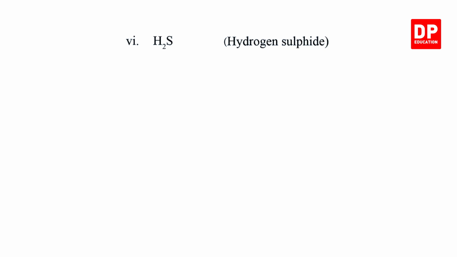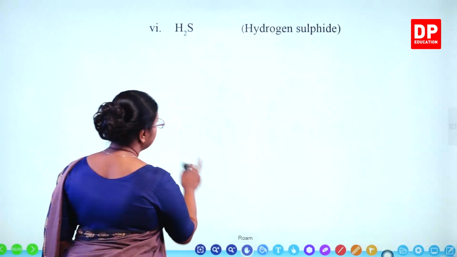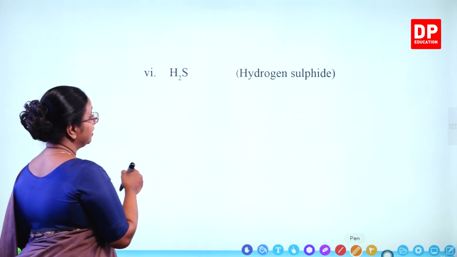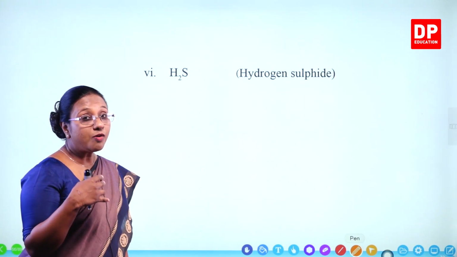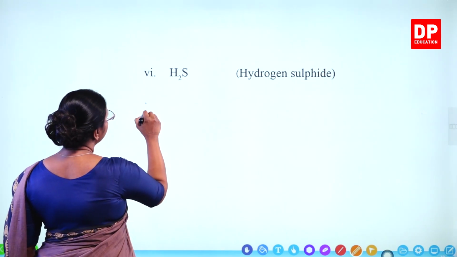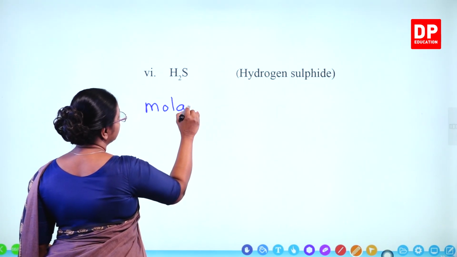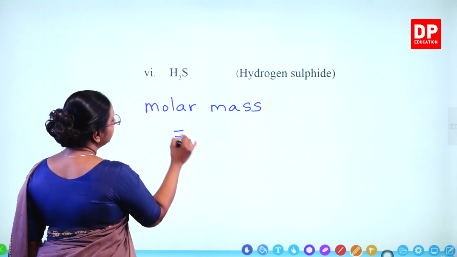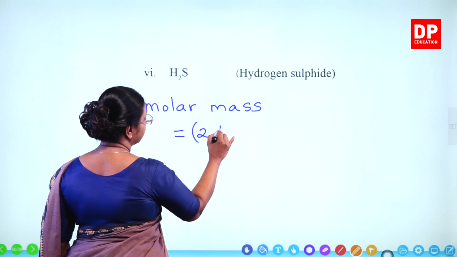H2S, hydrogen sulfide. This is a gas. H2S gas, hydrogen sulfide. It gives a very uncomfortable, pungent smell. So, molar mass of H2S. What do we do? There are 2 hydrogens.